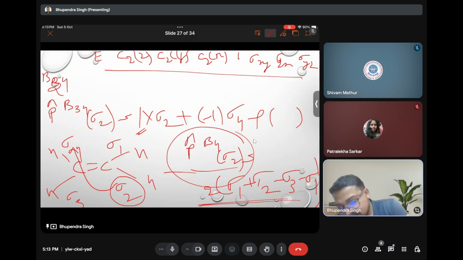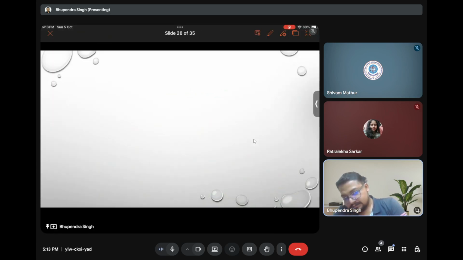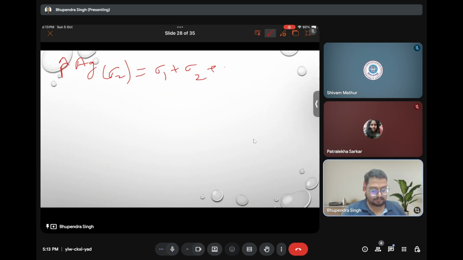Similarly, for the projection operator of A_z on sigma 2, it will be sigma 1 plus sigma 2 plus sigma 3 plus sigma 4.